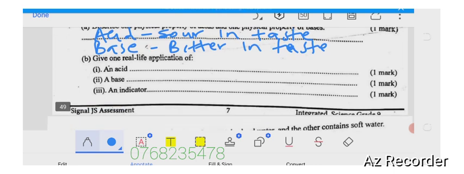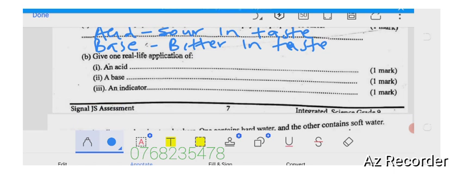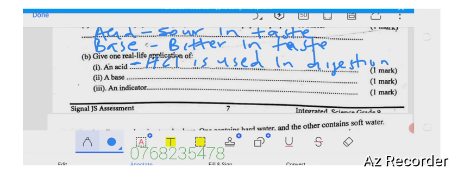Give one real life application of an acid. There are many applications of acids. We can say hydrochloric acid, HCl, is used in digestion. Digestion is one of the applications of acids in real life.